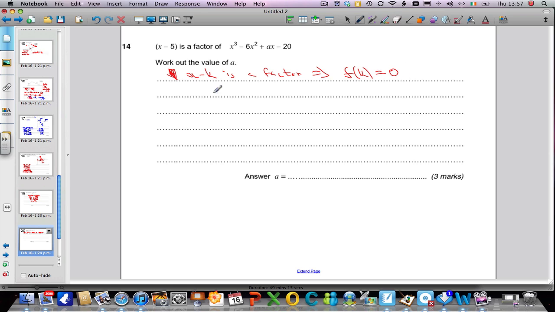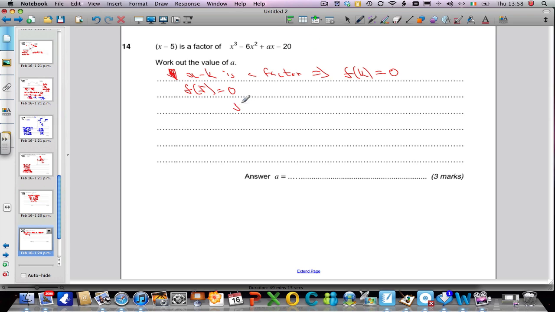It must be. So if x - 5 is a factor, that means f of 5 should be equal to 0. So if I substitute 5 in here, it has to be equal to 0. So let's go and do that.